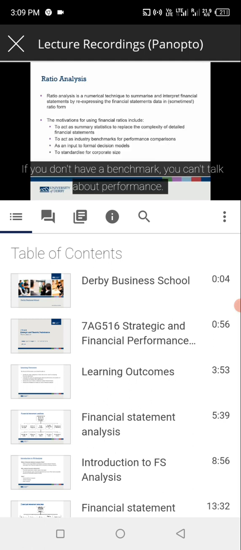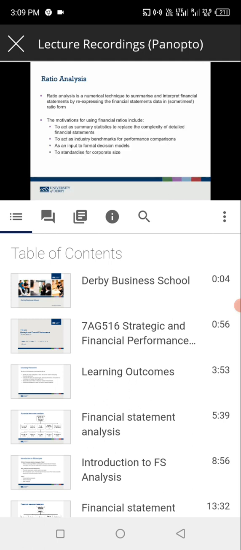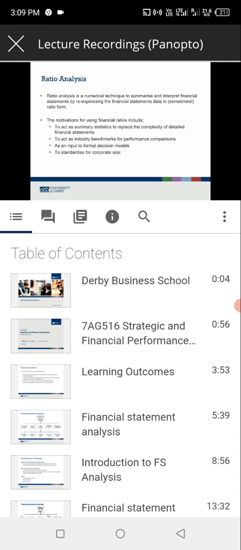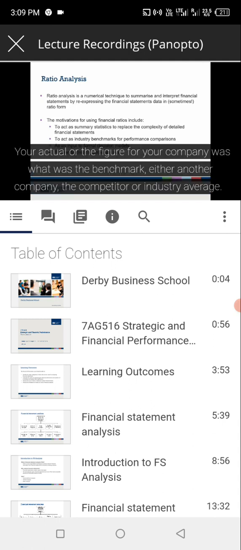If you don't have a benchmark, you can't talk about performance. You can't say whether a company is doing well or not if you don't have something to measure it with. You need to compare the figure for your company with a benchmark: either another company, a competitor, or the industry average.